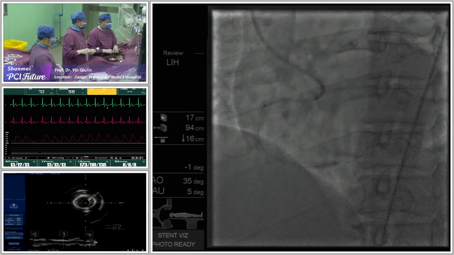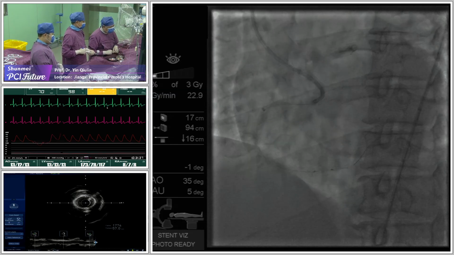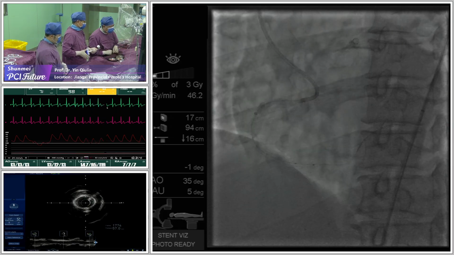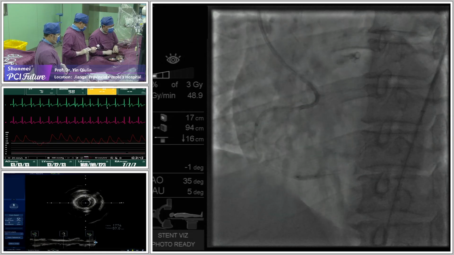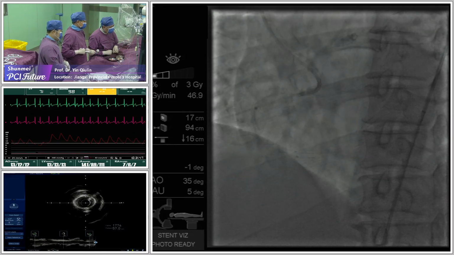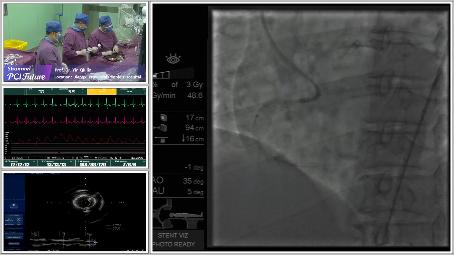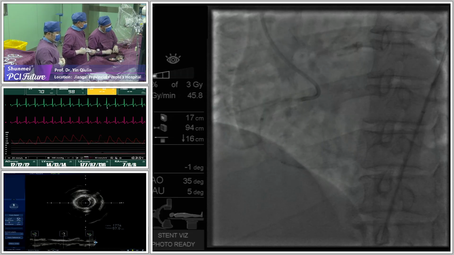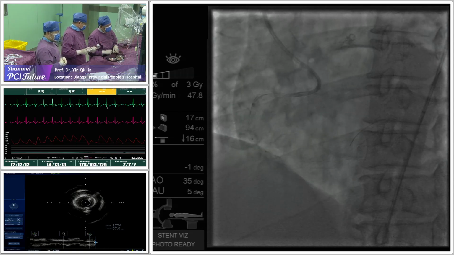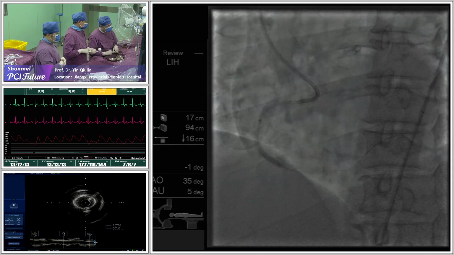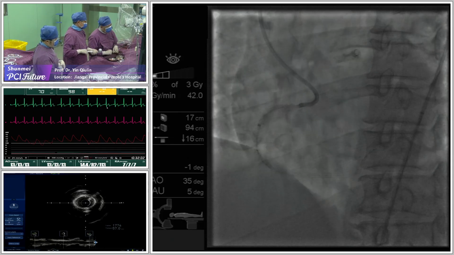Dr. Chen in China also has his named classification. In 2024, based on the Medina and Movahed classifications, we developed a 3M classification, but it's a little bit complex, so we improved it.